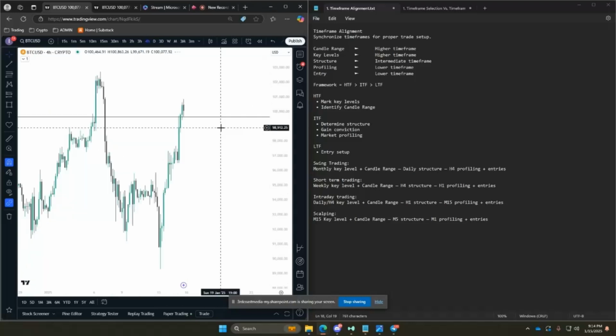So we use the monthly for the higher time frame, daily for the intermediate, and then 4 hour for the lower time frame. There are again other combinations for different types of trades. In this case, we're looking at swing trading, which is kind of just taking trades maybe a few times a year, maybe like once a month, possibly.